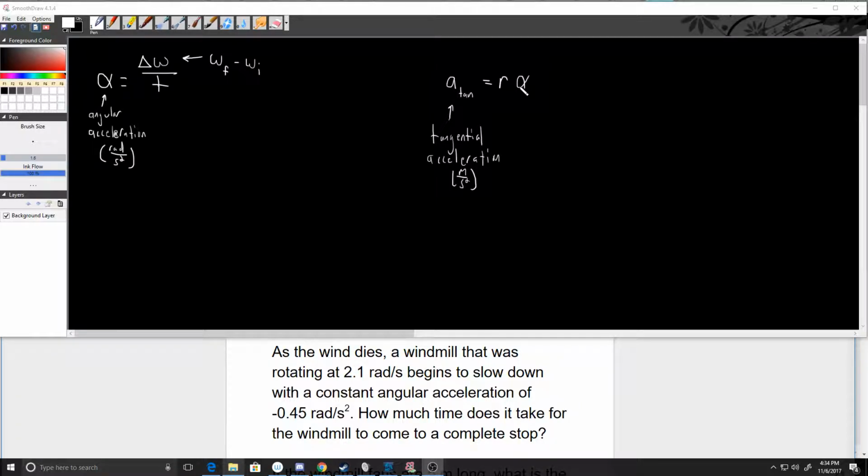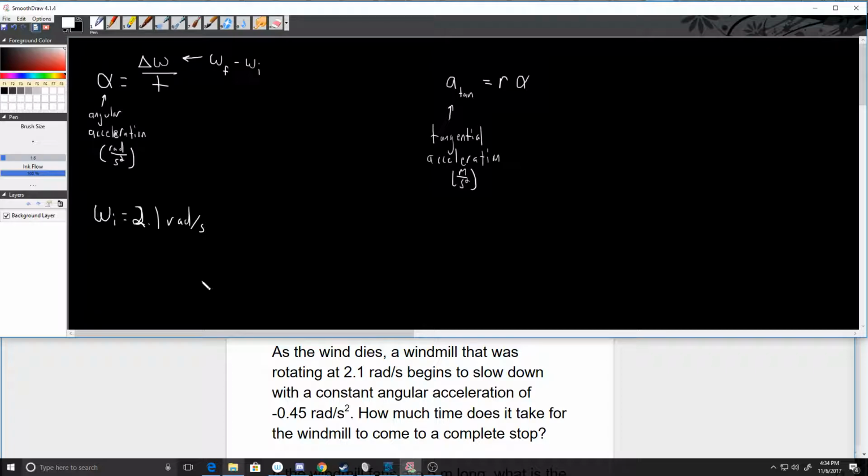All right, so in this case, they give us that the windmill was rotating at 2.1 radians per second. So that's our initial angular velocity: 2.1 radians per second.